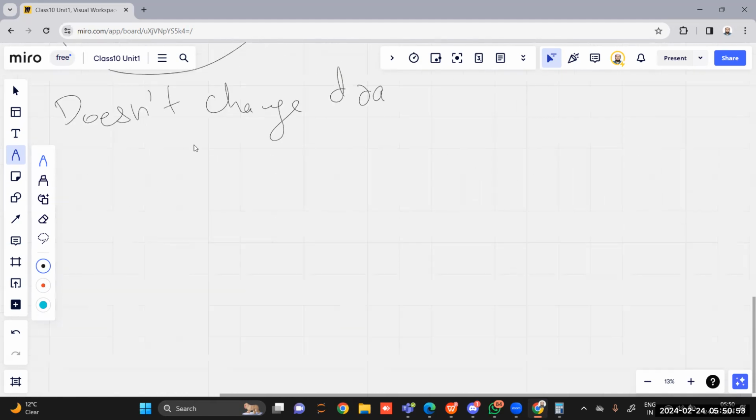I'll give one more example. From your point of view you are correct, but you have not seen many examples. For example, my data is 2, 2, 2, 2, 3, 4, 5, 6, 7, 8, 9. So what's my median?